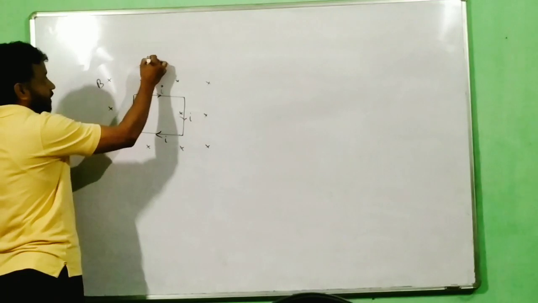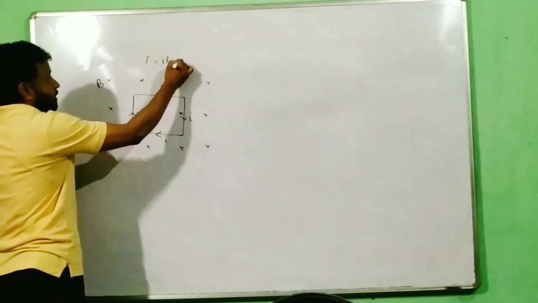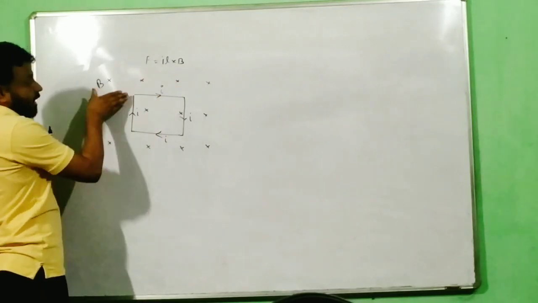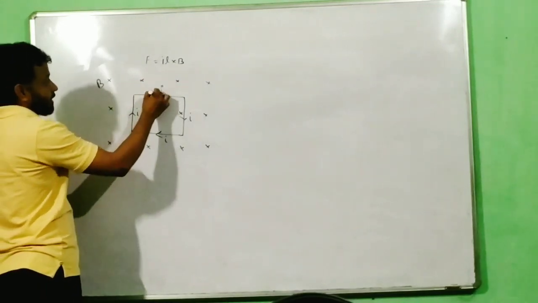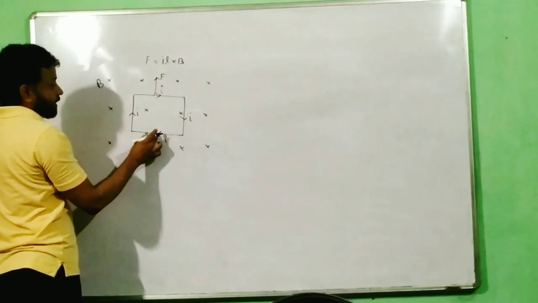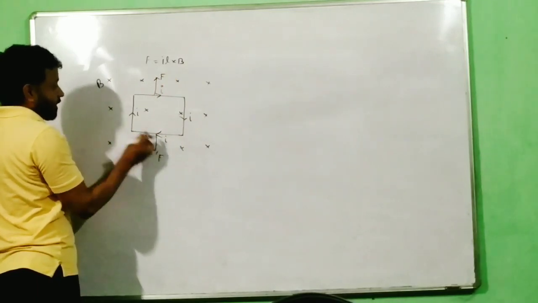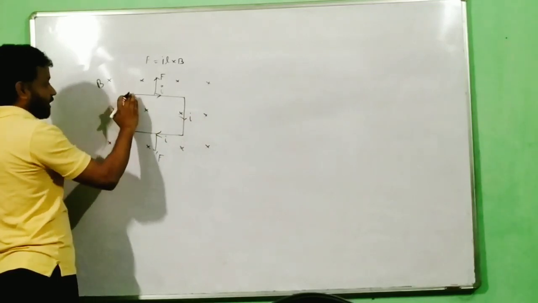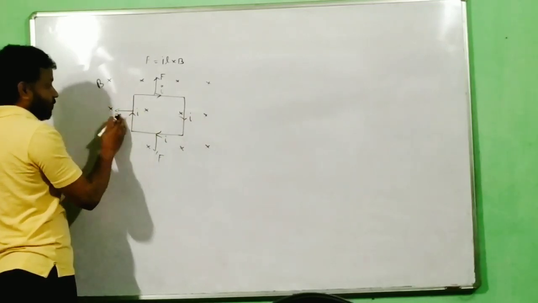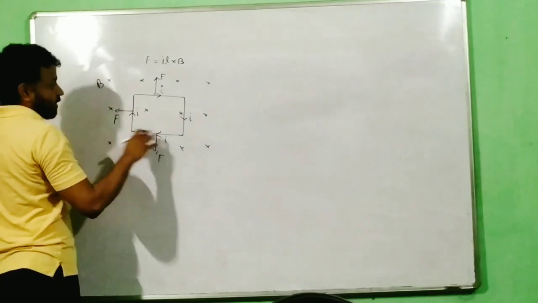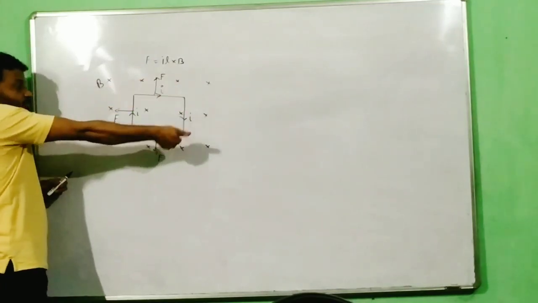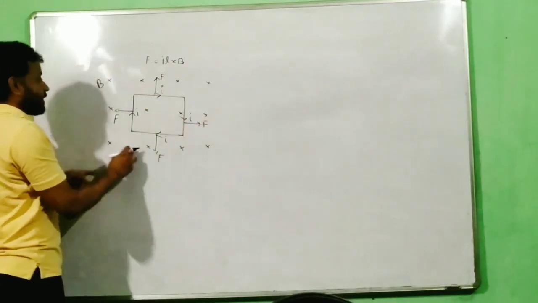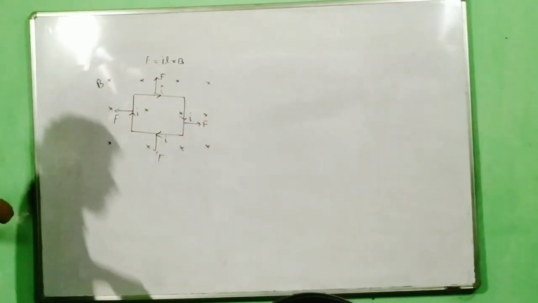Remember, the force formula is IL cross B. So B is there, a field is there. IL cross B, force will be in this direction. On this wire it will be along this direction. Now this will also experience the same field as this one. So IL cross B, force will be in this direction. Then this one will be IL cross B, force in this direction. So what is the net force in this case? In this case the net force is 0.